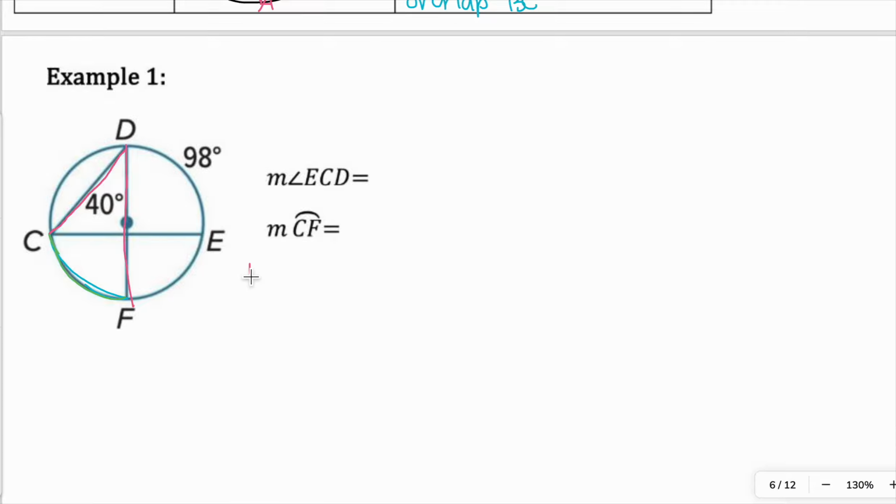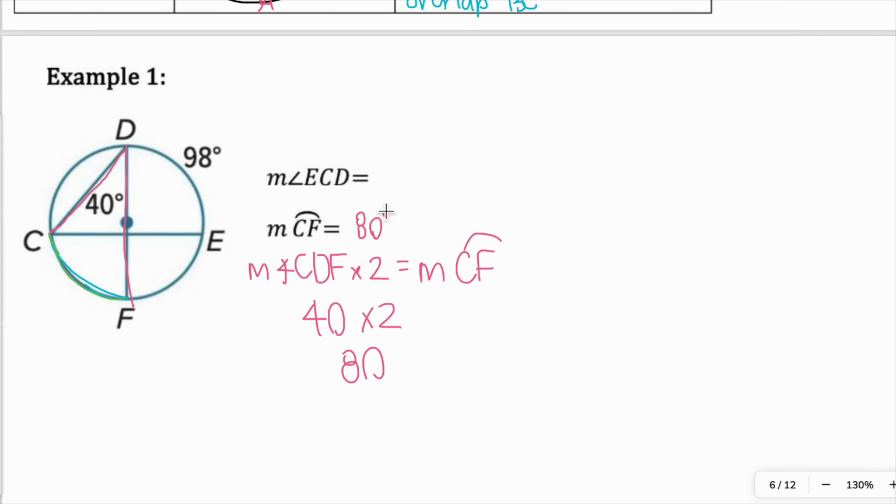So I can take the measure of angle CDF and times it by 2 to get the measure of the arc CF. That angle CDF is 40, and 40 times 2 is going to give me 80. So 80 degrees is my arc measure of CF.